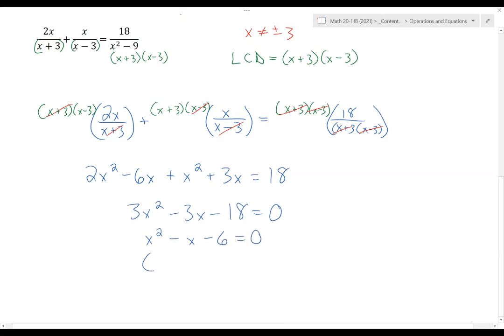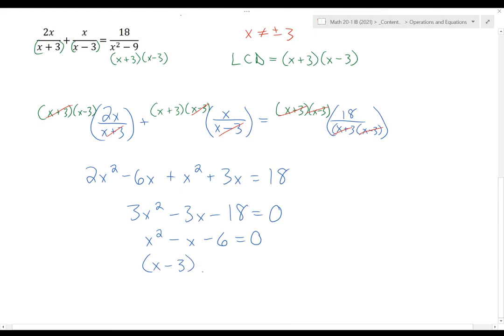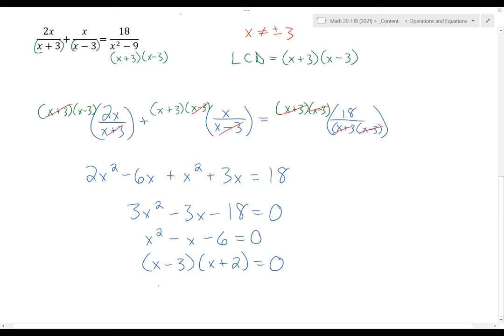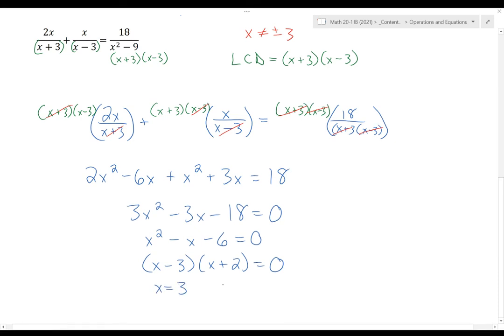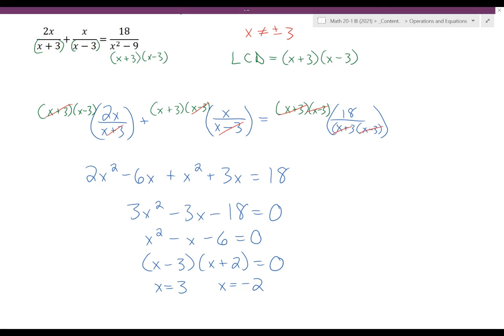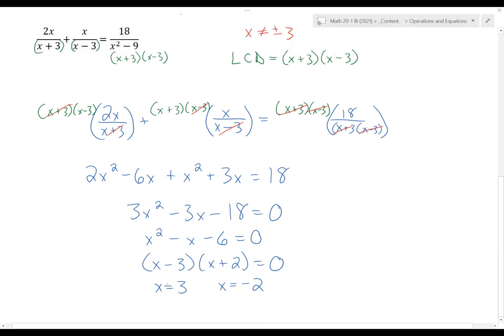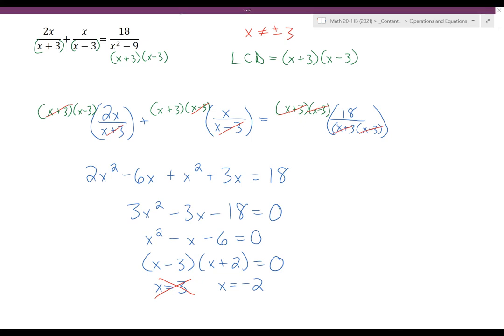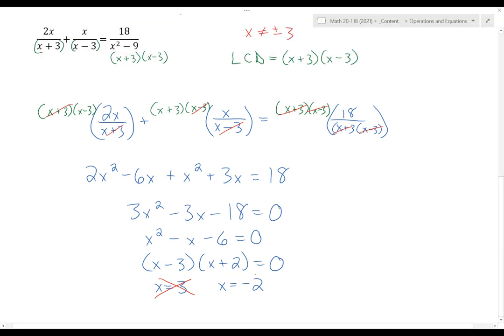And now I can factor this quadratic, x minus 3, x plus 2 equals 0, which has two solutions, x equals 3, x equals negative 2. But if I compare back to my non-permissible values, 3 was a non-permissible value. So I have to reject that solution. And that means that this rational equation only has one solution, x equals negative 2.